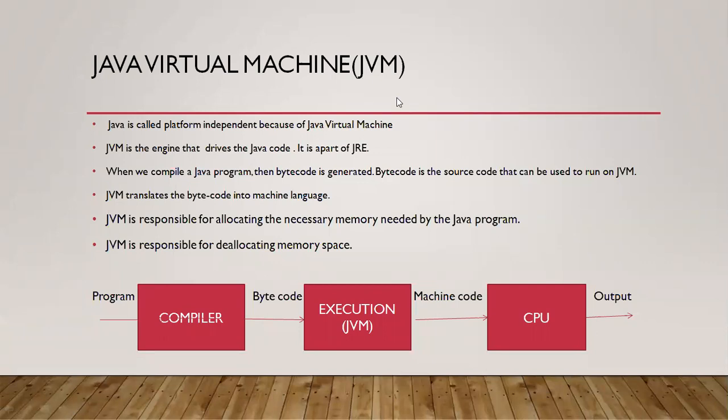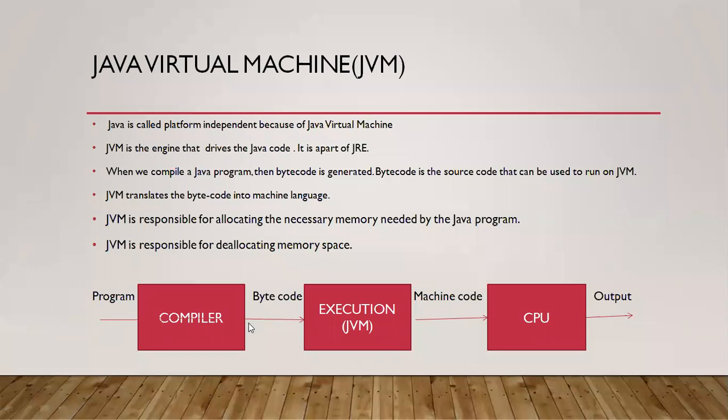For that, see this diagram here. In this diagram, first there is a Java program, and that Java program is sent to a compiler unit. This unit processes the Java program and gives the result as a .class file.